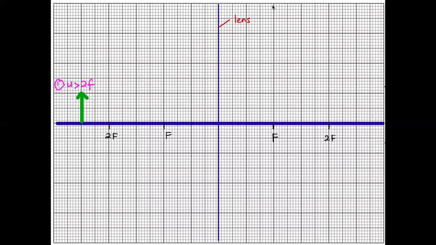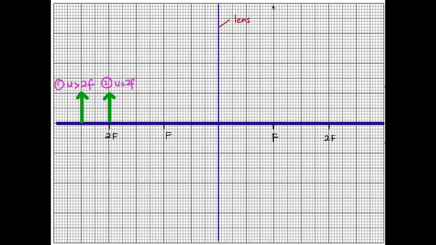The second position is exactly at 2F. This is position number 2, object is exactly at 2F.